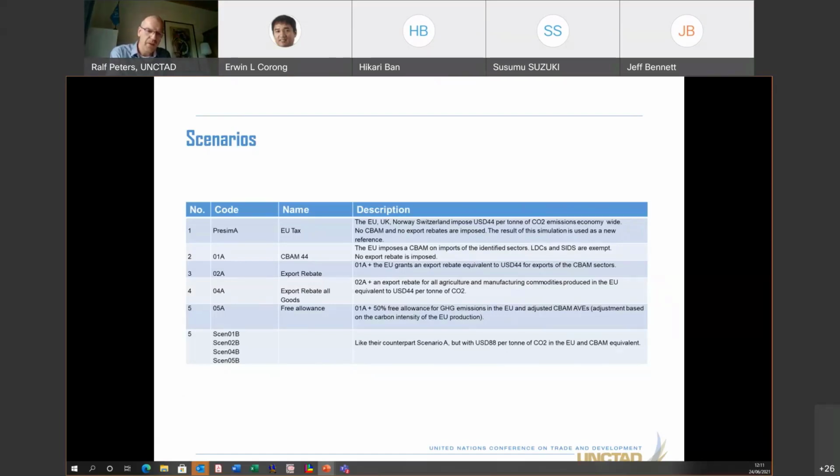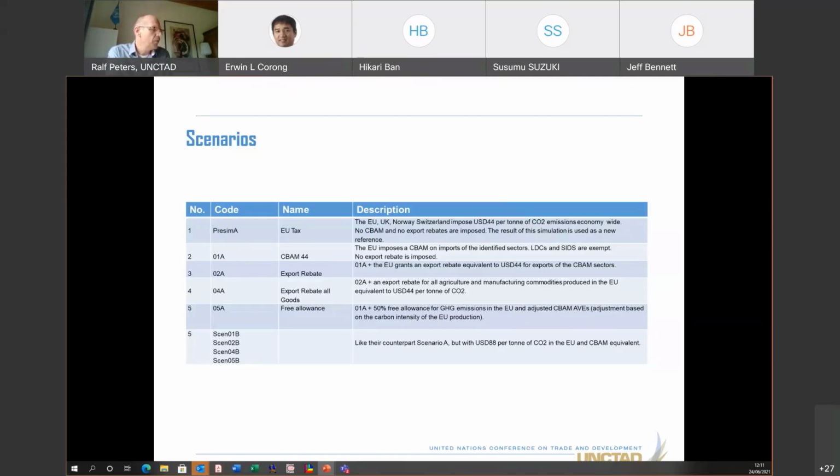So if a European company exports, then there is a certain share that is given back, in order to offset the higher costs in the EU due to the tax in the EU. So it's an export rebate based on the carbon emission embedded in the export product. This is done again for the same sectors on which we introduced the CBAM.